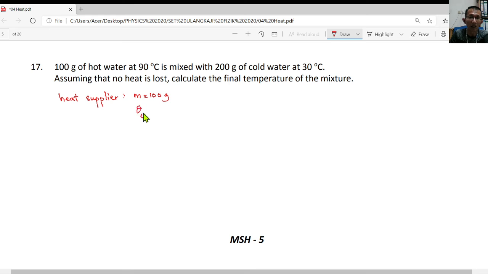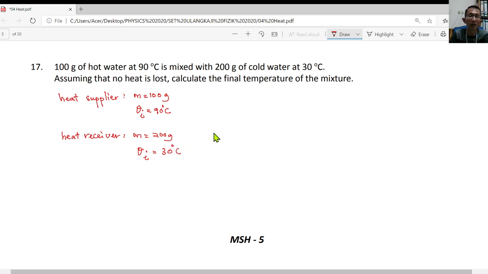That would be the initial temperature, 90 degrees Celsius. And then the heat receiver, that will be mass of 200 grams, and the initial temperature is 30 degrees Celsius.